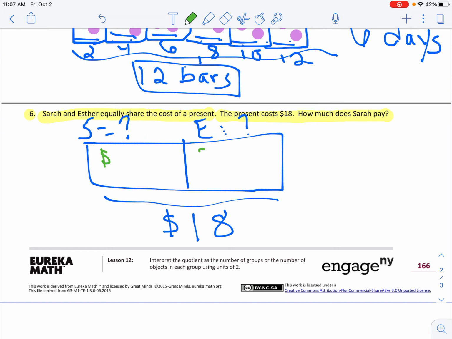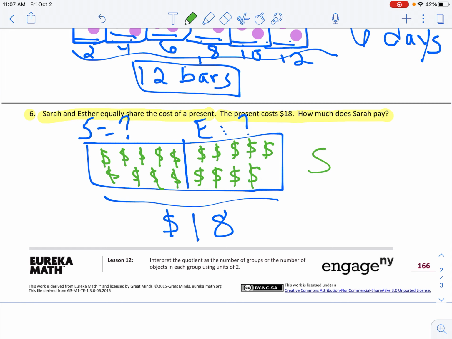So $1 here, $1, $2, $3, $4, $5, $6, $7, $8, $9, $10, $11, $12, $13, $14, $15, $16, $17, $18.